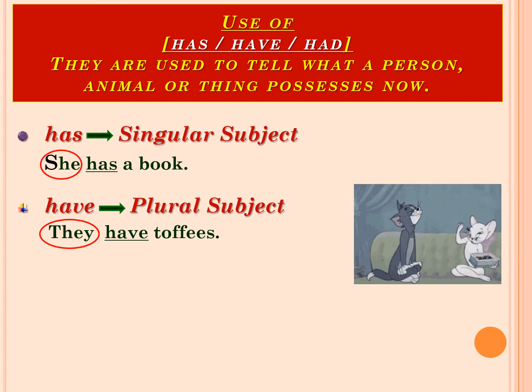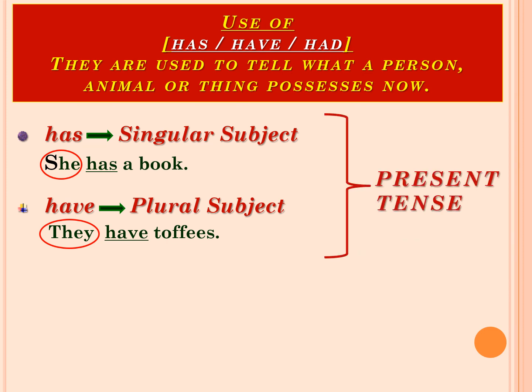That means it is a plural subject. And they possess toffees. So to tell what they possess, we have to use have over here because they is a plural subject.